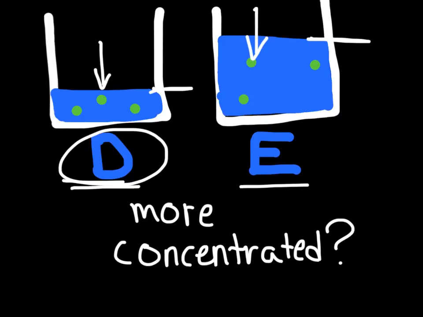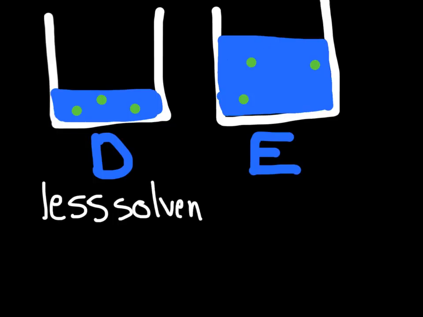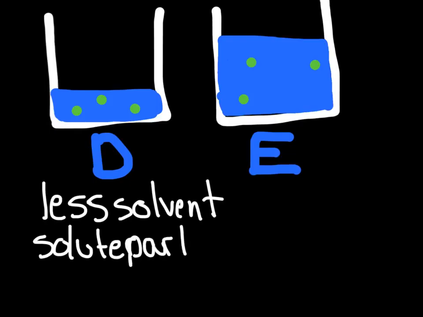It's more concentrated because beaker D has less solvent, so the solute particles are closer together.